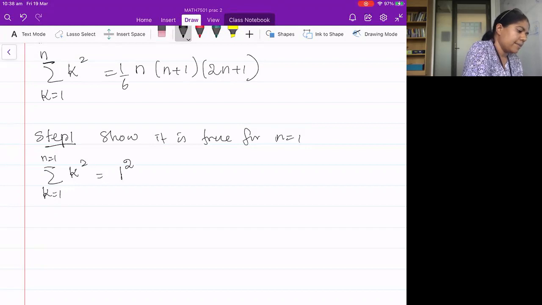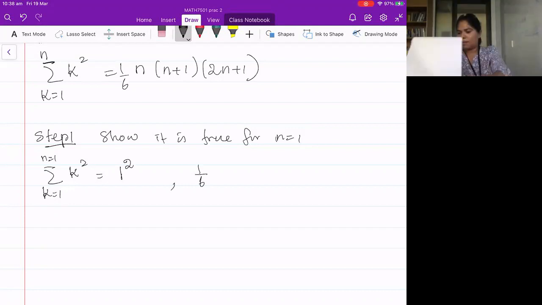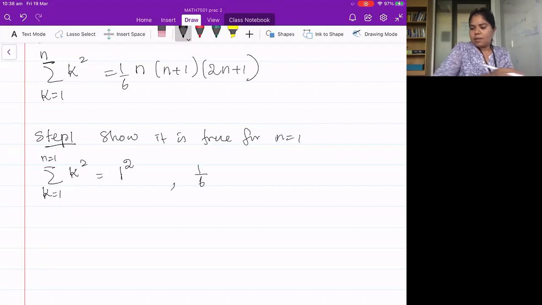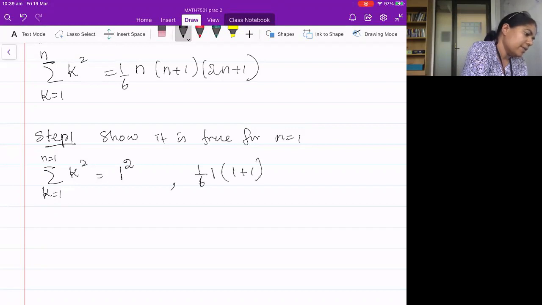Is that the same as 1 by 6 times 1 times 1 plus 1, 2 times 1 plus 1? This is the right hand side.